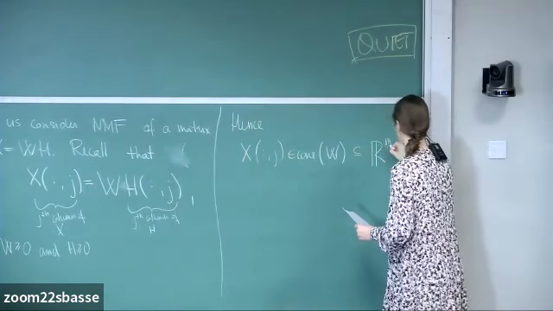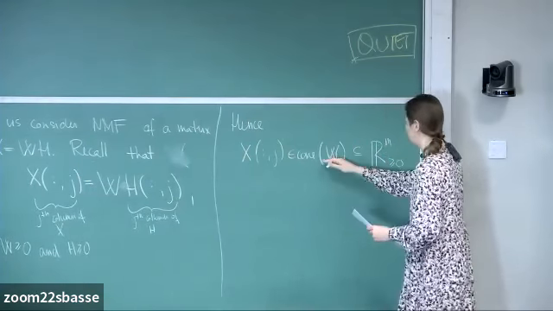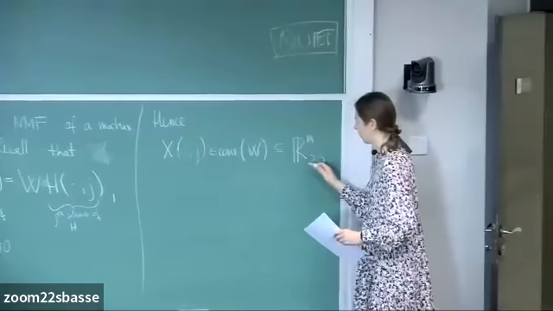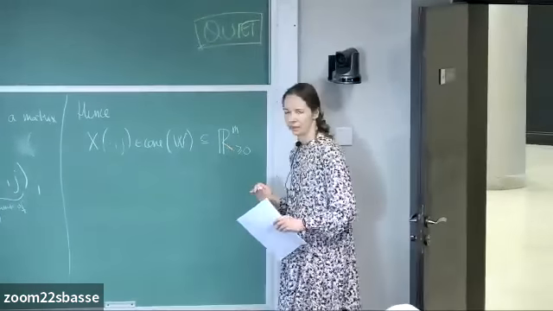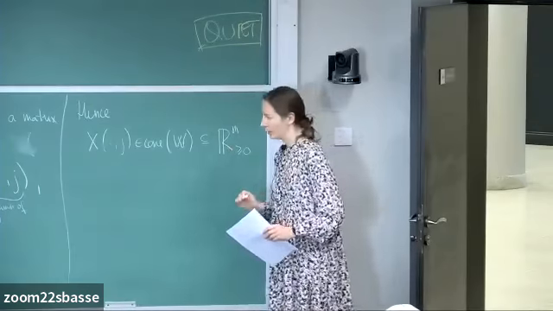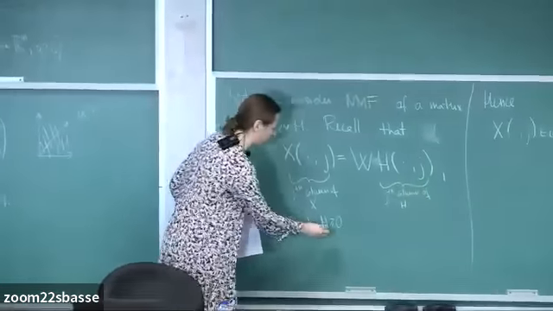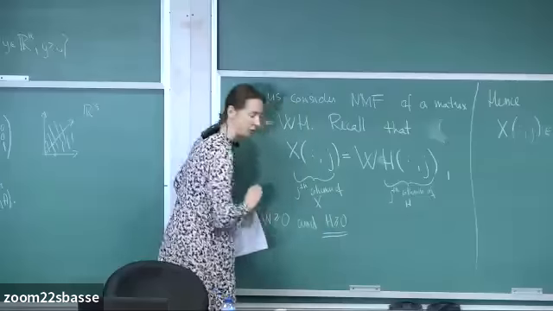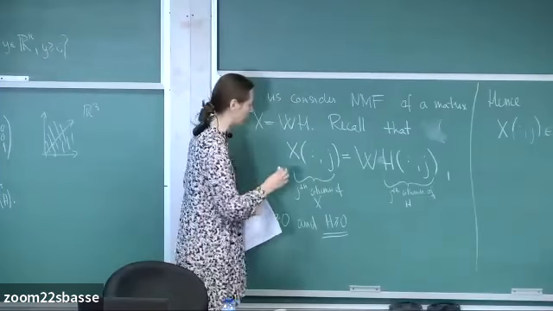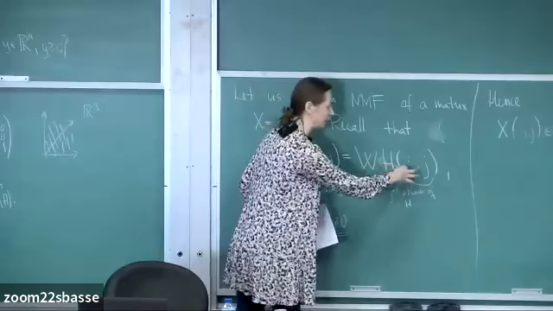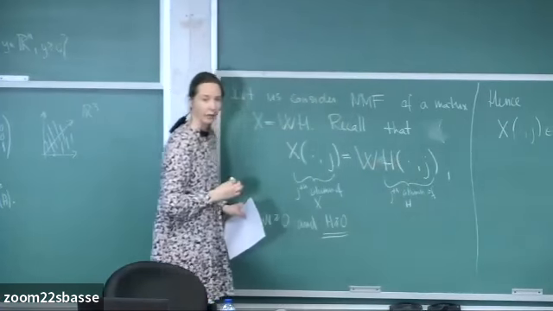We also have that this cone is in fact included in the non-negative orthant. The reason that we have a cone comes from the fact that H is non-negative, because in the cone definition, we need that these vectors over here have non-negative entries.